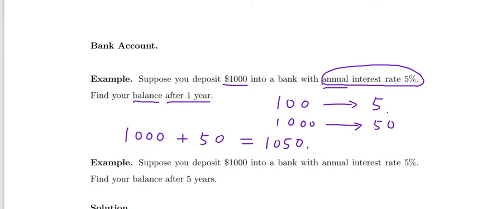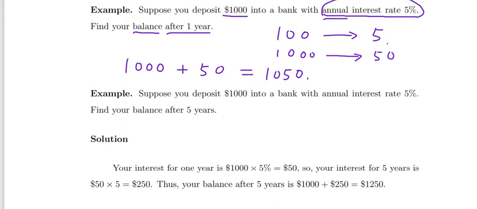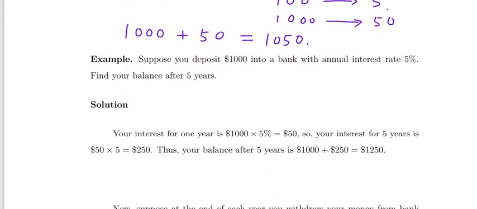So let's check, how about 5 years? After 5 years, we can use the same idea. After 1 year, your interest is $50. Then 2 years is $100. For 5 years, your interest is $250, right?